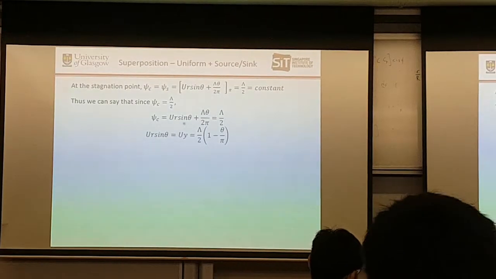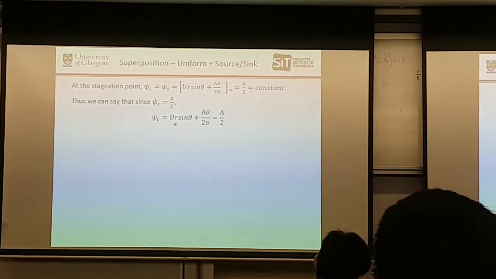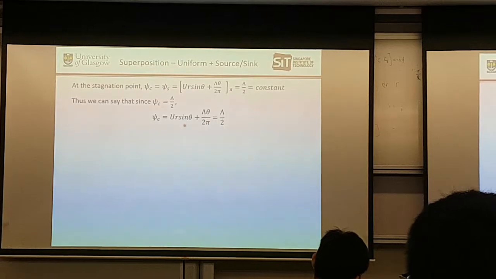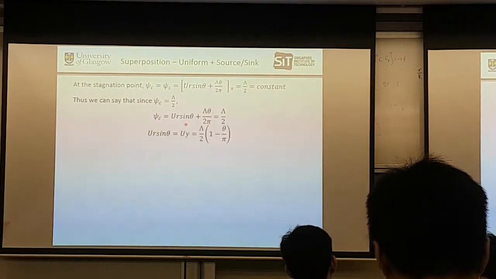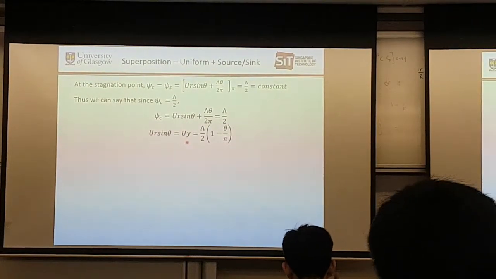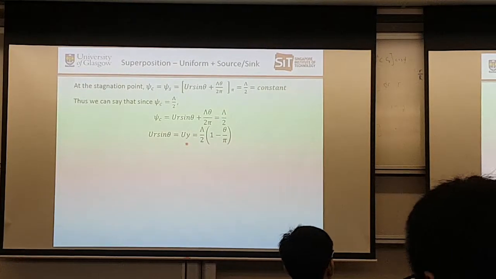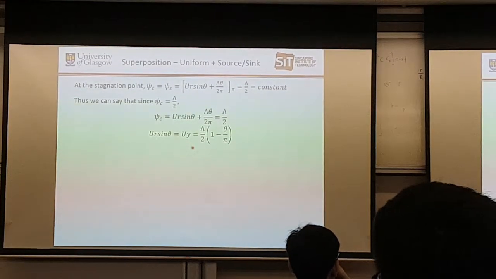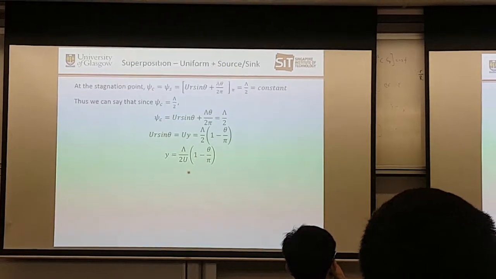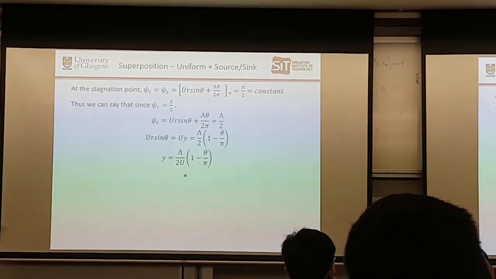So what is r sine theta? r sine theta is actually your y coordinate. So I can change my u r sine theta to u y if I want. So at the end of the day, I can also find what my y equals.